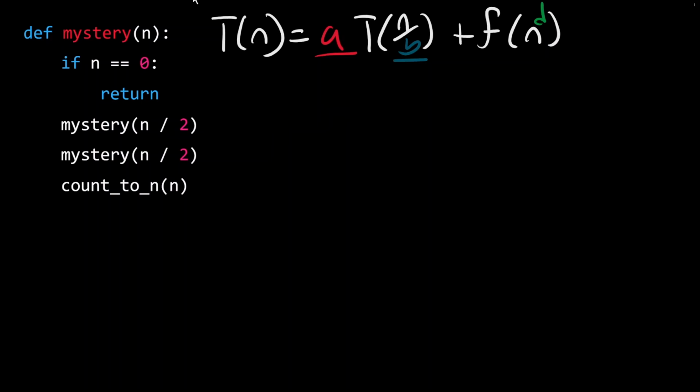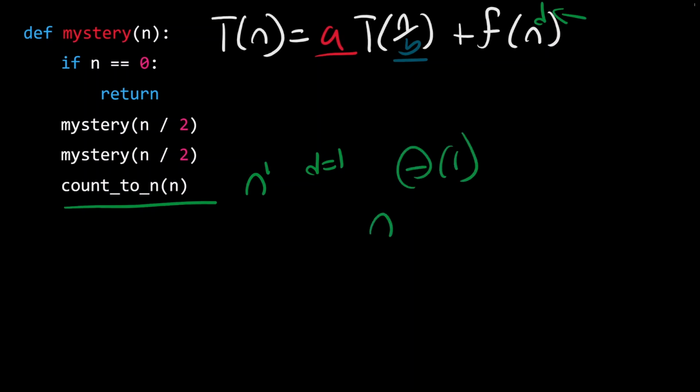And then we have this d, which is the degree, representing how much work is being done in each stack frame. Right now we have n work, so our degree is 1, so d is equal to 1. And if we had theta of 1 work, that means n is being raised to 0, as n raised to 0 is equal to 1.